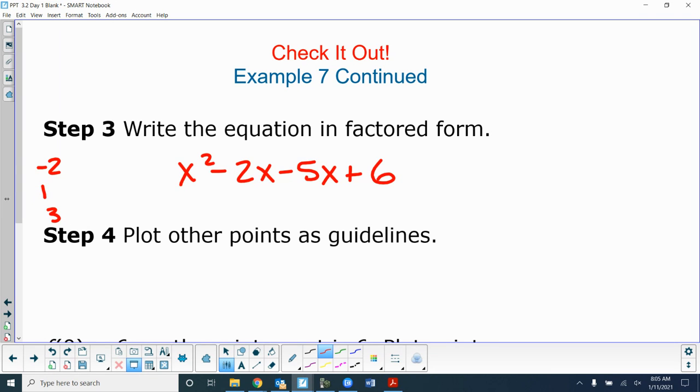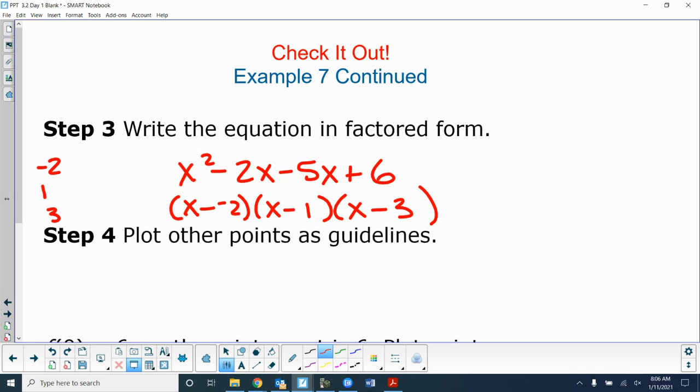All you got to do to factor then is write x minus in front of all those numbers. So minus -2, minus 1, and minus 3 to write it in factored form.